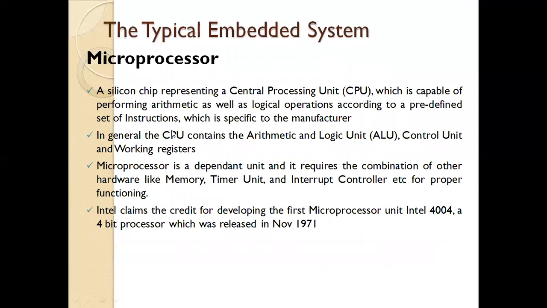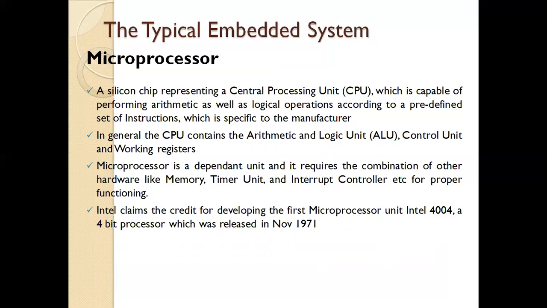A microprocessor is a central processing unit which is capable of performing arithmetic as well as logic operations according to predefined instructions. In general, the CPU contains an ALU, a CU and working registers. A microprocessor is a dependent unit and it requires other devices like memory, timer unit, interrupt controller and many other external devices to be connected.